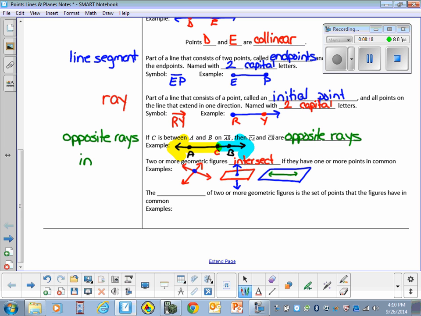Intersect. The intersection are the points they have in common.